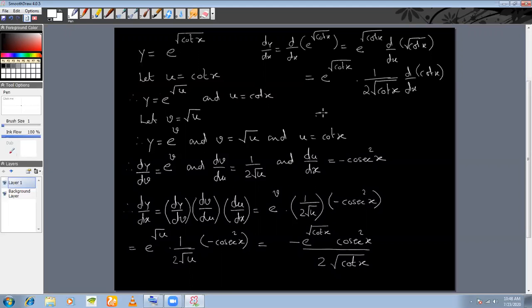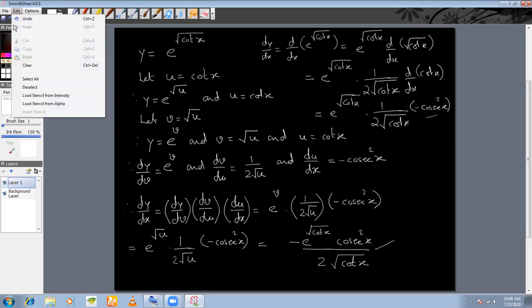So this is e to the power of root cot x into 1 by 2 root cot x into minus cosec square x. So have we got this or not? That is how you do it by chain rule.